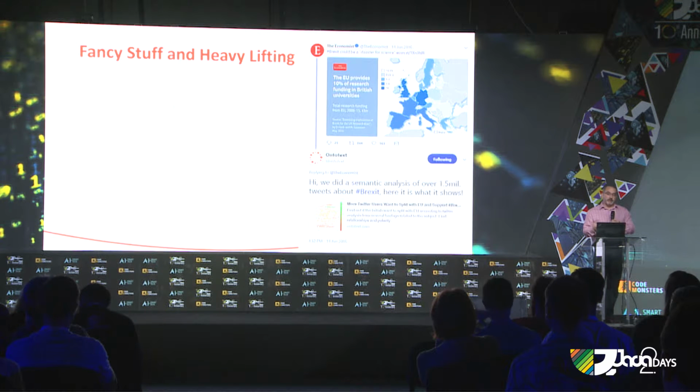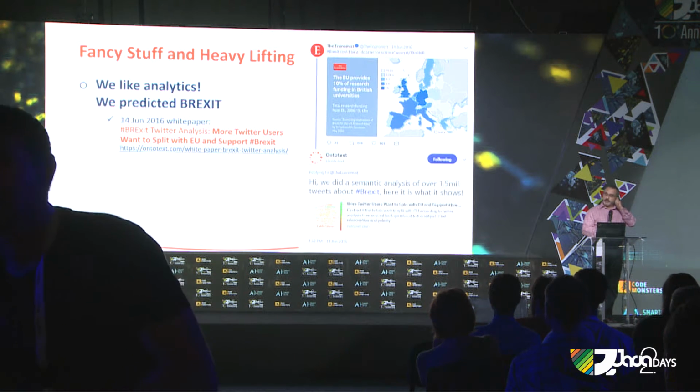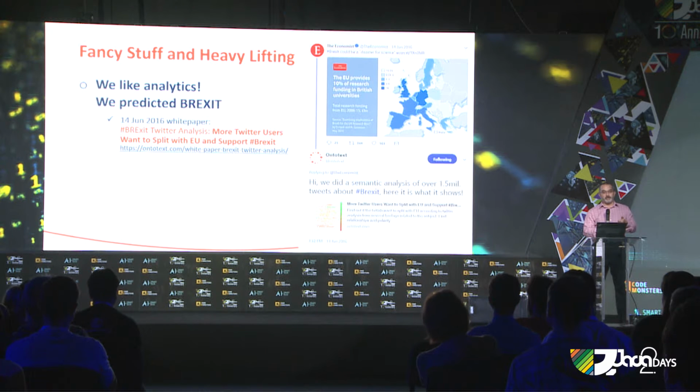So wrapping up, our wisdom about AI and analytics and machine learning. We like analytics, and back 2 years ago, a colleague of ours, a lady called Laura Tosh, we predicted Brexit. So we published a white paper a week before Brexit saying that based on analysis of millions of tweets, the support for Brexit is much bigger than the Brits who want to stay in EU in Twitter.